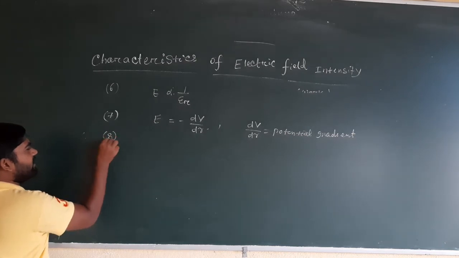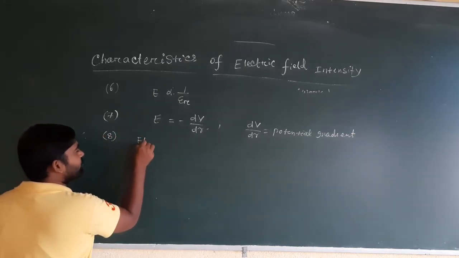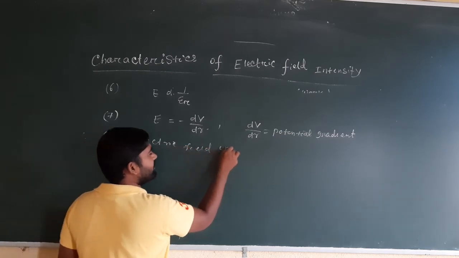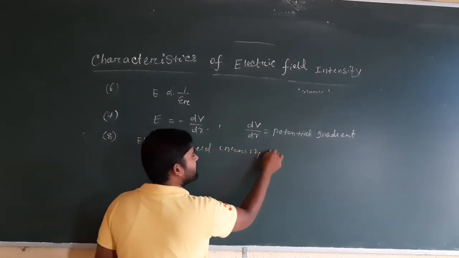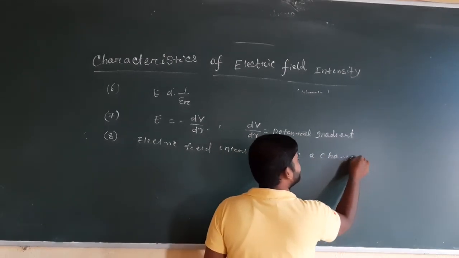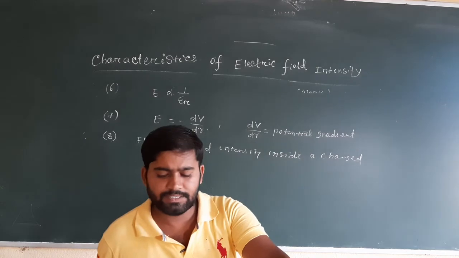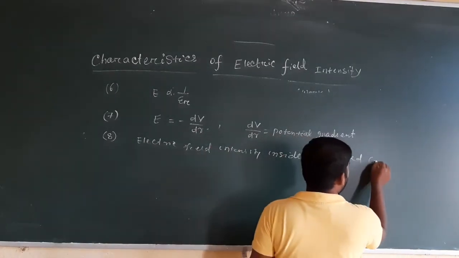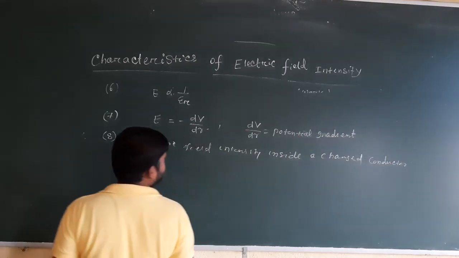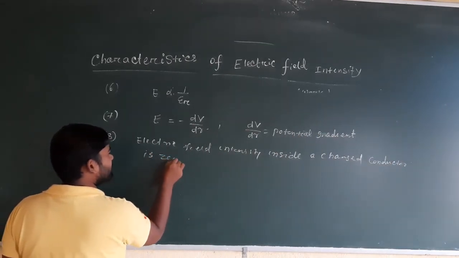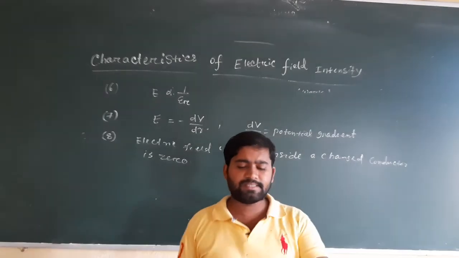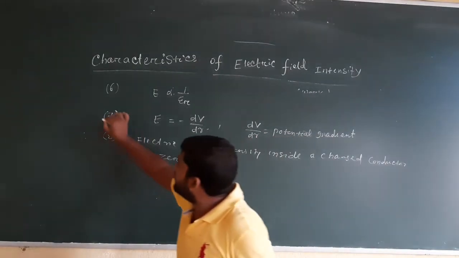Number 8 property is that the electric field intensity inside a charged conductor is 0.